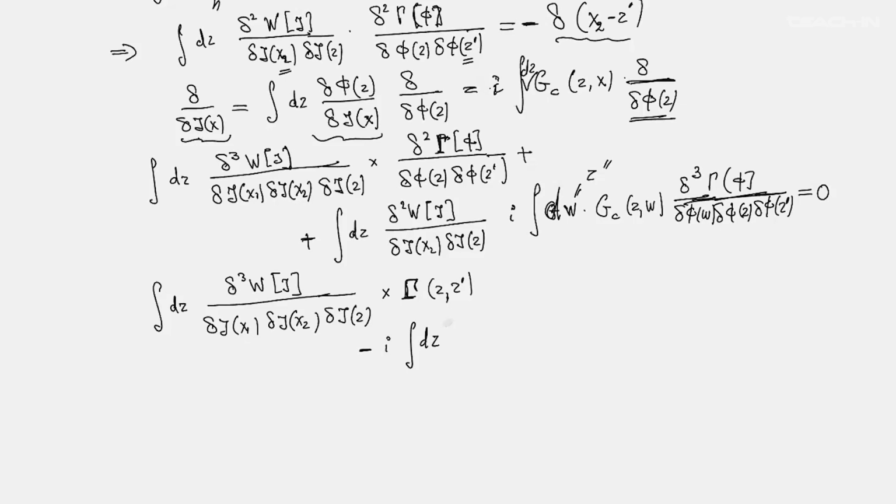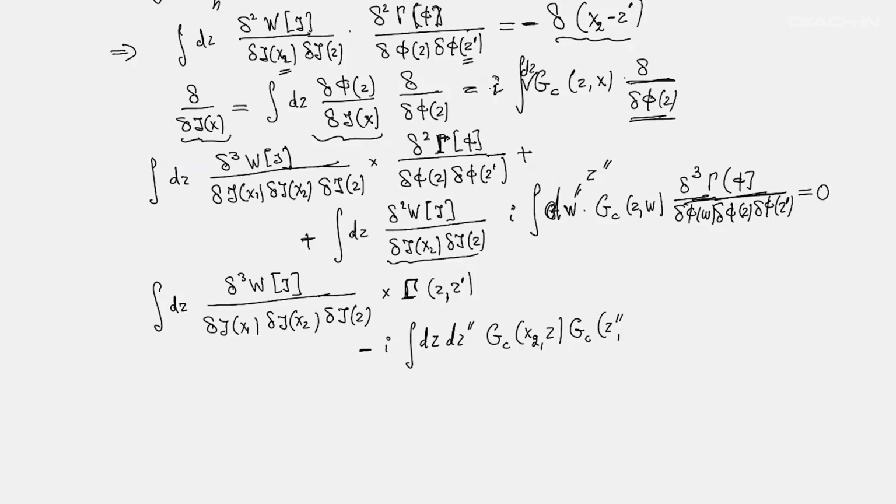And here I will write this expression also as G_C depending on x2, z, and there is another G_C depending on z double prime, x2 z, z double prime.